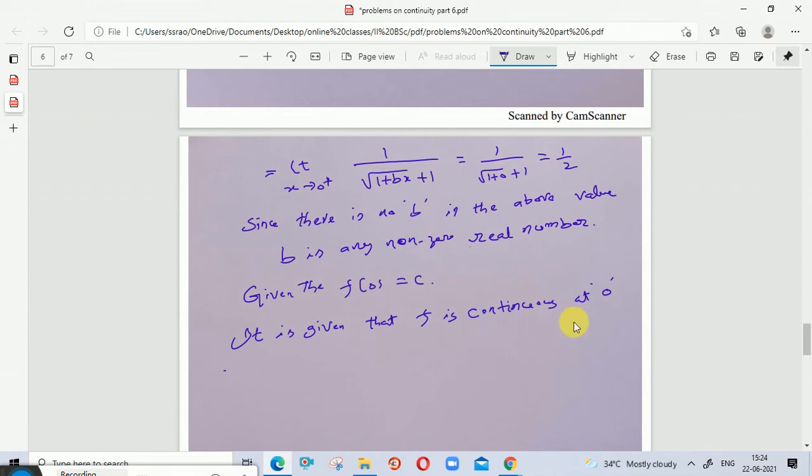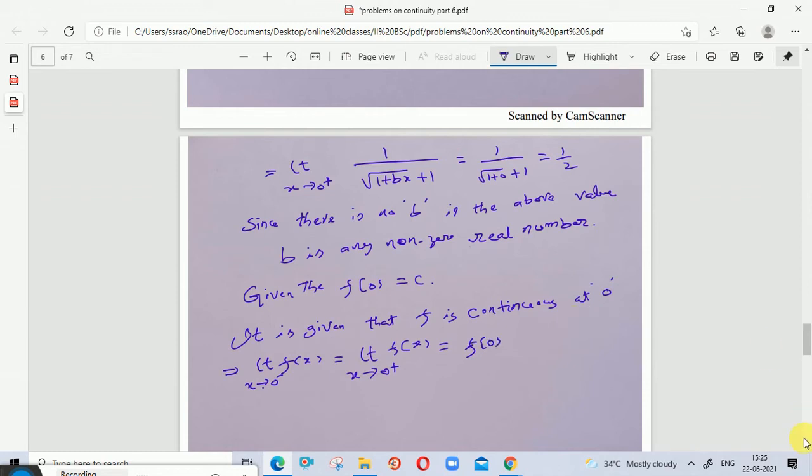So that implies left limit x tends to 0 minus f of x is equal to right limit x tends to 0 plus f of x is equal to f of 0.